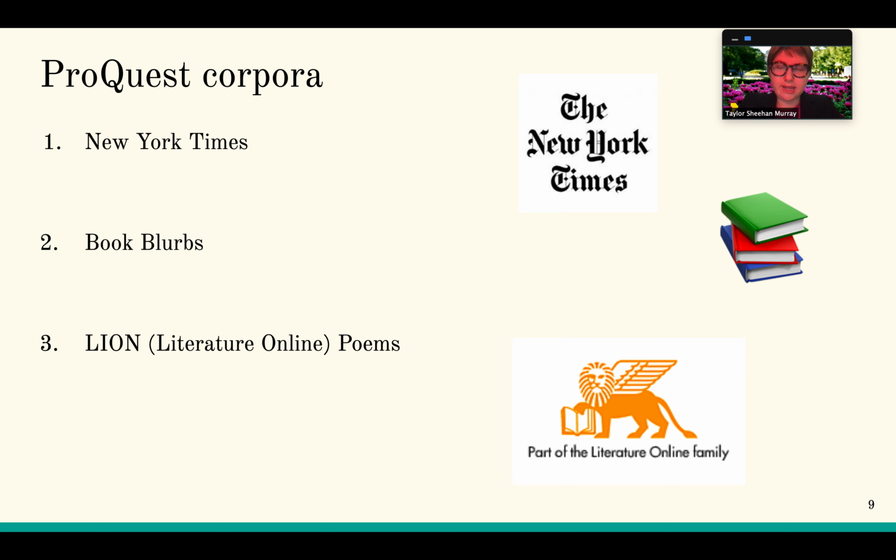And then we have LION, which stands for Literature Online Poems. We can use all of these to create word embeddings, because word embedding creation is an unsupervised machine learning task, so we don't need labeled data. However, to do sentiment analysis, which we wanted to do, we had to label the data. So we took a subset of New York Times and LION and truthed it, or emotion labeled it, basically.